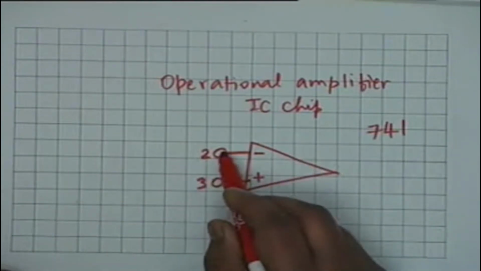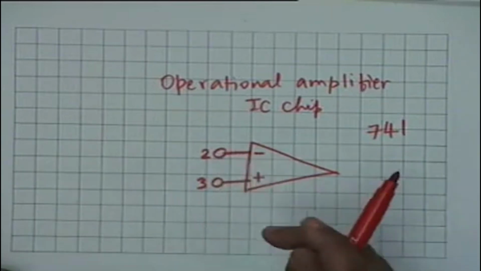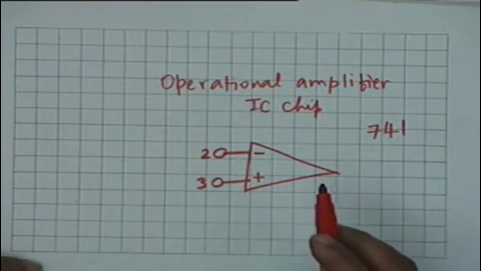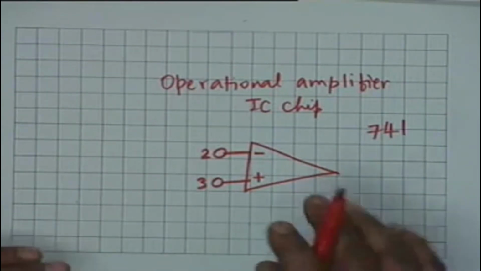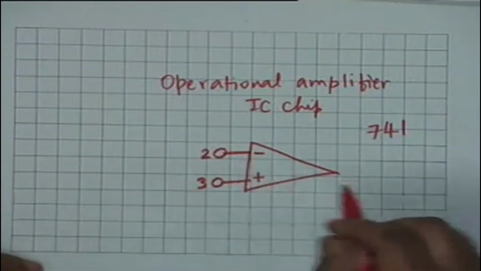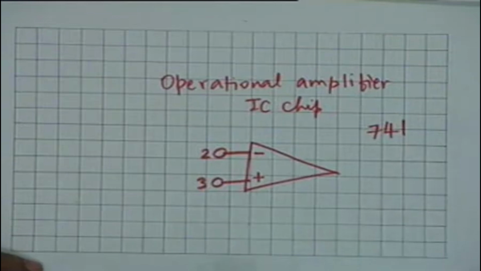That is, if you put a 1 millivolt signal here, the output shall be minus, let us say, 100 millivolt if the gain is 100. Is that clear? There is a phase reversal. If you put a sin omega t here, the output shall be proportional to minus sin omega t.